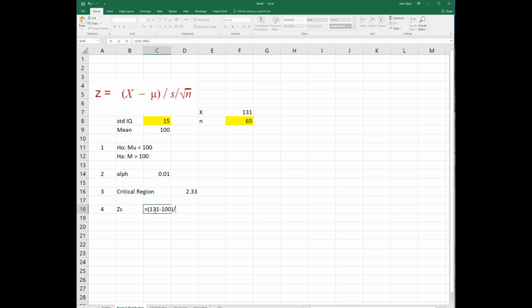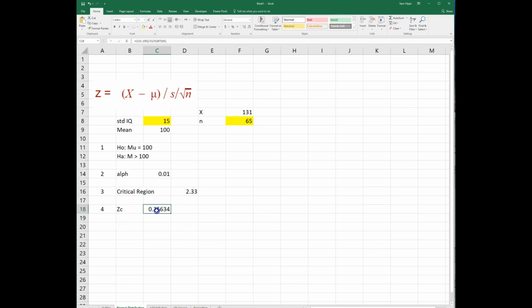That is going to be divided by the standard deviation, which is 15, divided by the square root, which is a function in Excel, of n, which is 65. So this is actually 15 divided by the square root of 65. This covers the standard error, the sample versus the population. I'm going to hit enter.